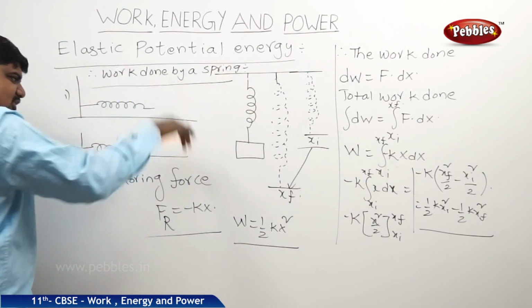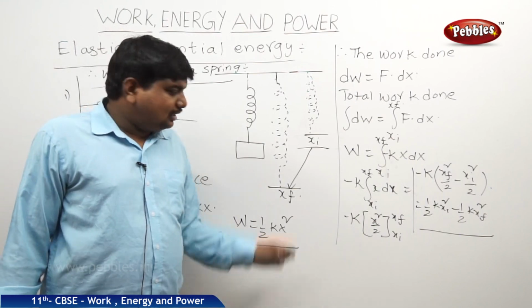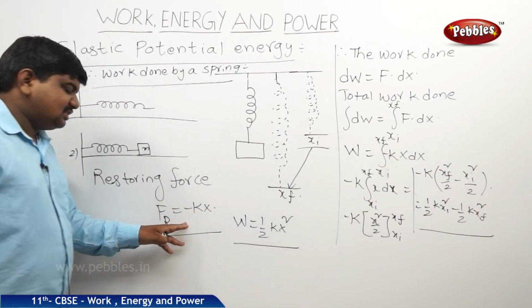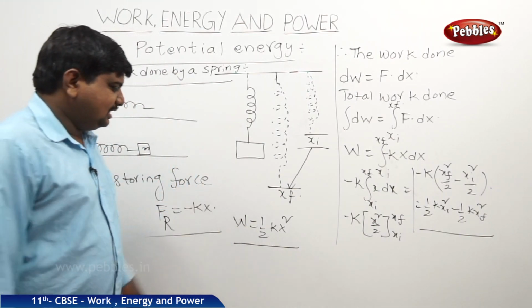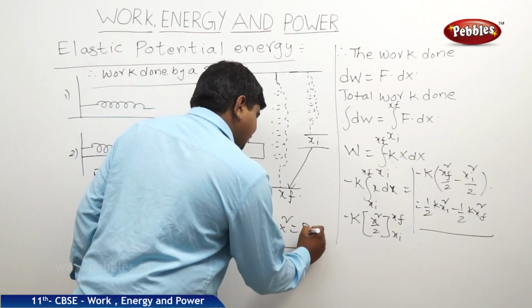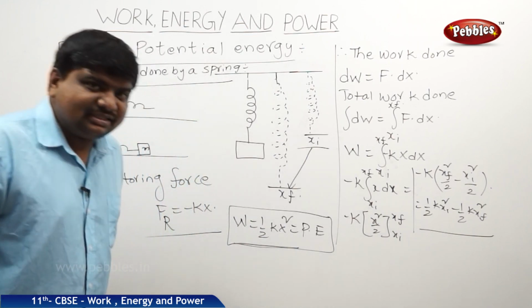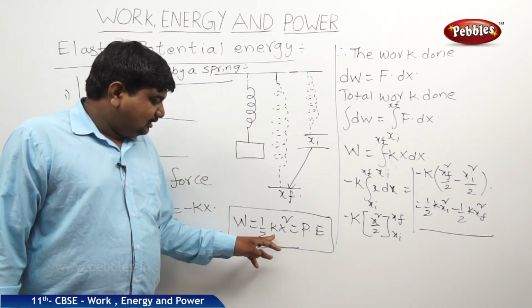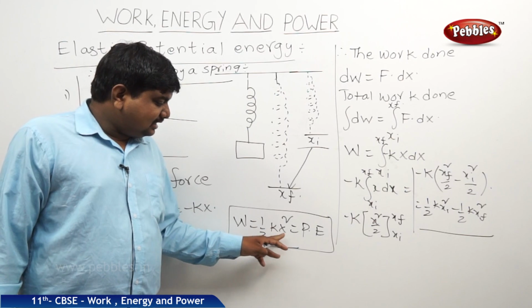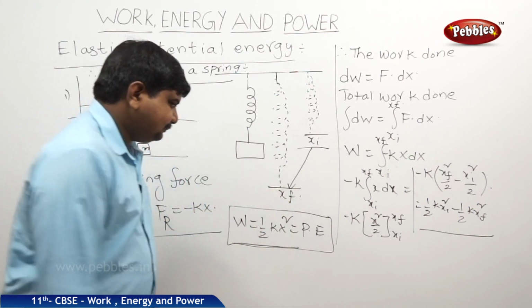So what is the work done by a spring? To do the oscillations, the to and fro motion under the influence of gravitational and restoring force, it is written as potential energy. Which potential energy is it? Elastic potential energy, where half is the constant, k is the spring constant, x is the displacement.